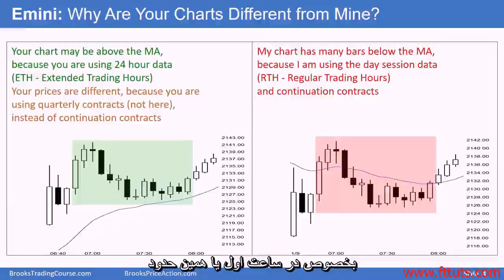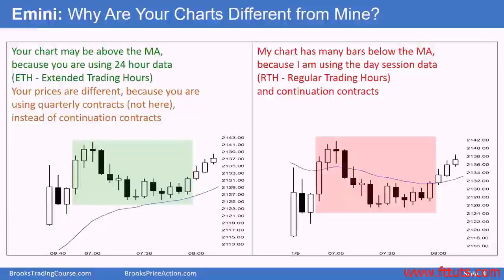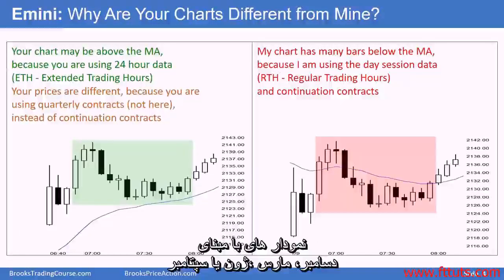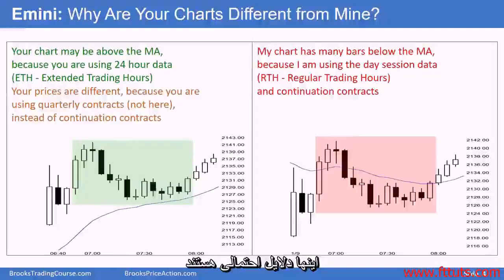Especially in the first hour or so, the moving average is very different on a Globex 24-hour chart than it is on a regular trading hour chart. And also, you may be using quarterly charts based upon December or March or June or September, and I use continuation charts. So if you see differences between my charts and yours, those are probably the reasons why.